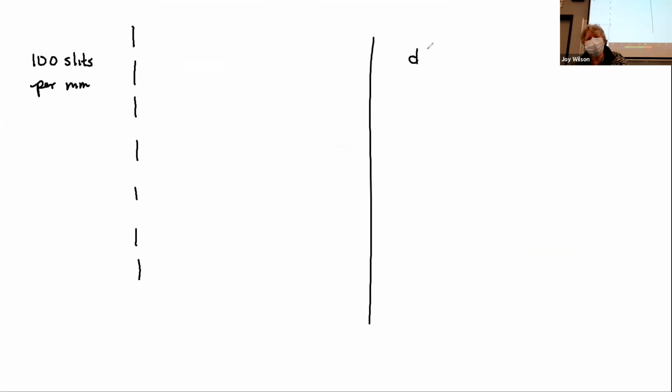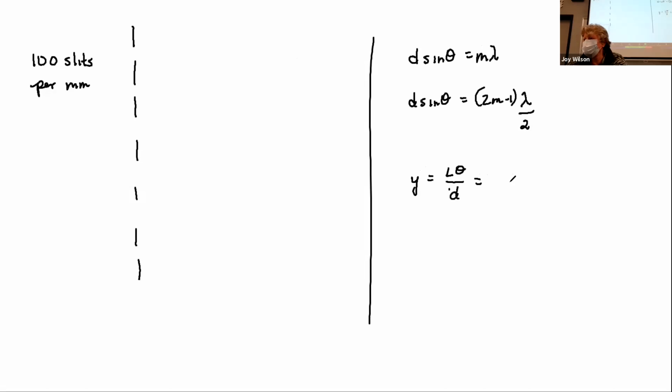So we're still going to be using d sine theta equals m lambda. D sine theta equals 2m minus 1 times lambda over 2. And y equals L theta over d.